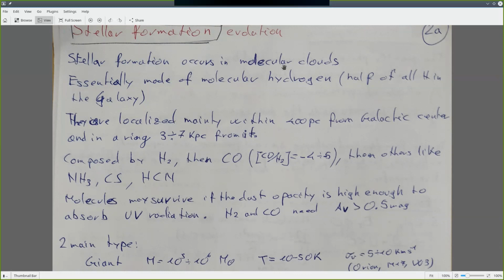The molecular hydrogen is more or less half of the whole hydrogen in the galaxy. We can have hydrogen in several phases, states. We can have molecular hydrogen, neutral hydrogen, so an atom of hydrogen, and then ionized hydrogen. So hydrogen, just proton and electron.